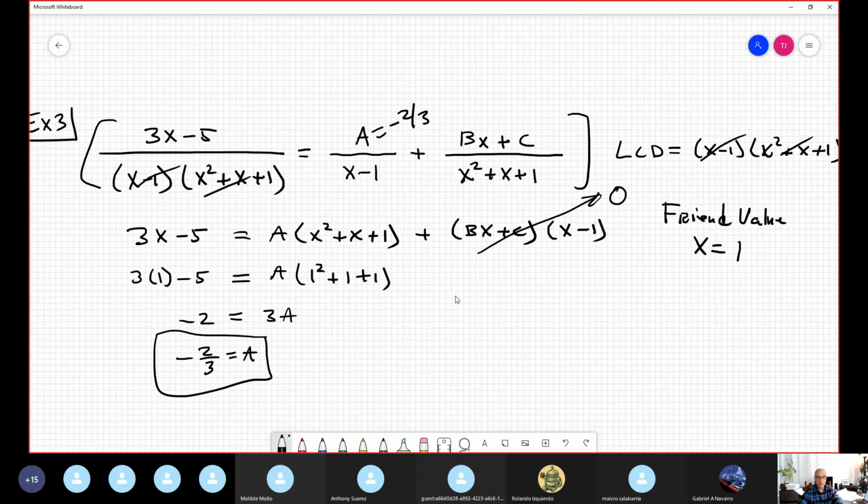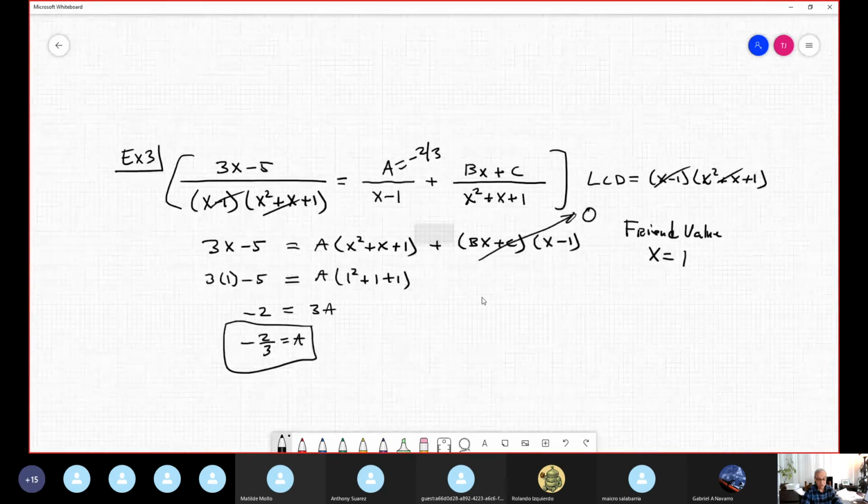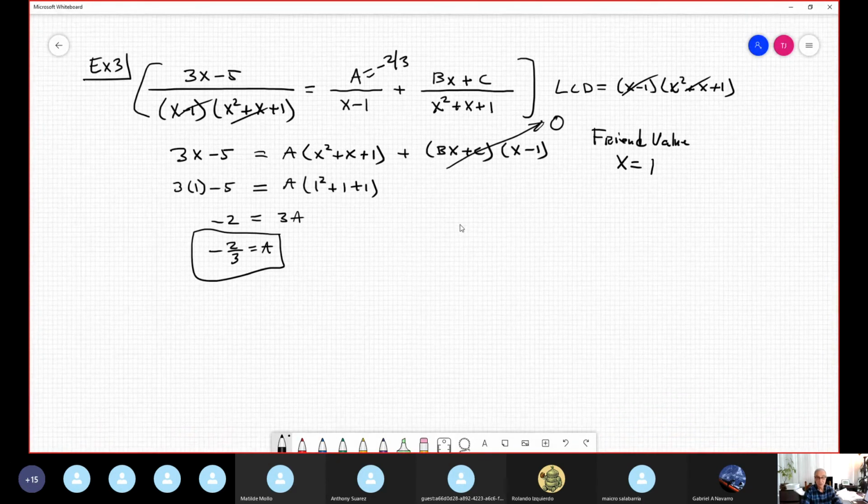After we fix it in a way, my question is, do we have another frame value that can make the other part 0? No. We are in big trouble. No frame value anymore, so I need to use good values. The best, in my opinion, is 0, because it's easy.